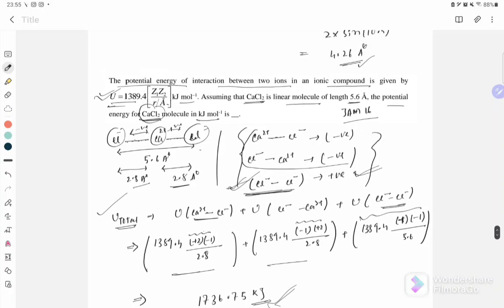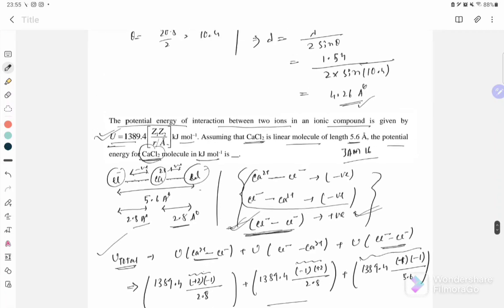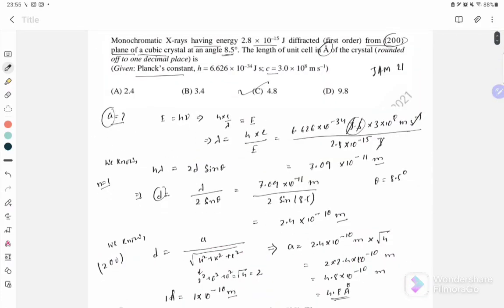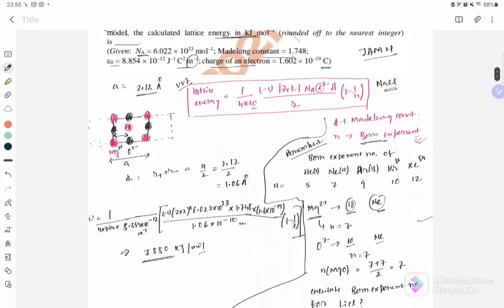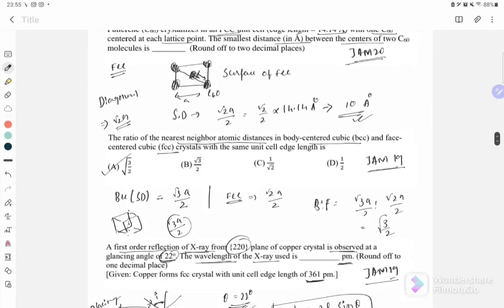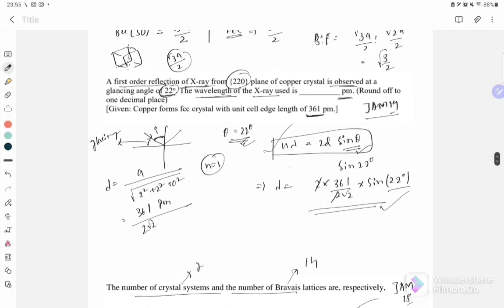So this is also an important question that came in JAM 16. So I did some important questions from previous years. You can see some repeated questions, like this very important equation n lambda is 2d sine theta.